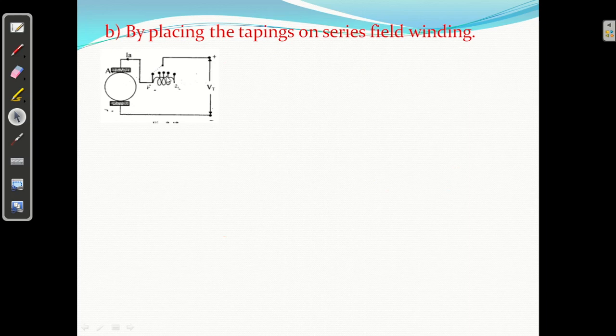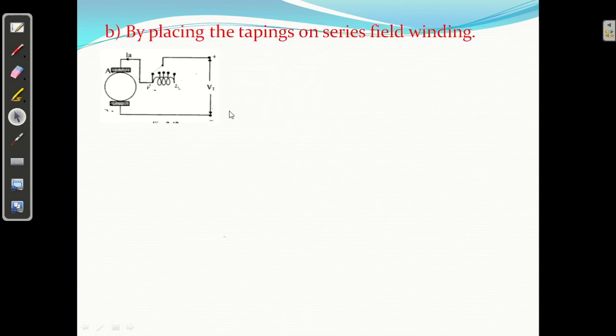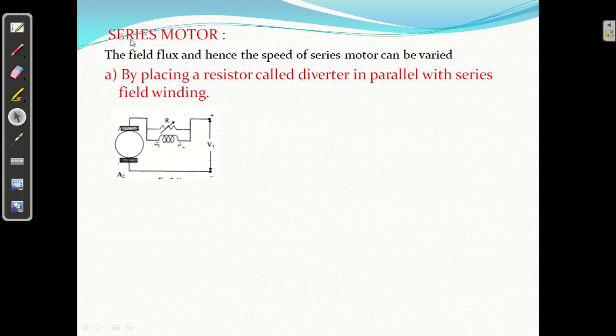You can say these are the tappings. And the third is by using a series-parallel combination of field windings. Two field windings are there, both in series, or both in parallel. So these are the three methods we have. We will discuss all these three methods for the series motor.